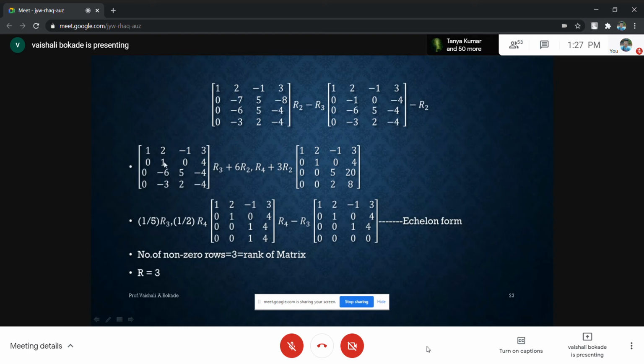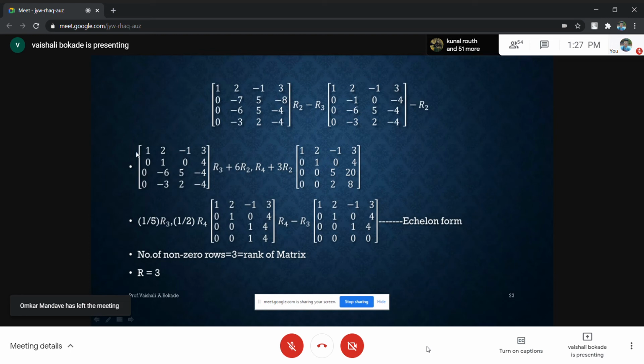Now what I have to do is make the other two entries in column C2 below this 2 place 0. The element at the 3 place and the element at the 4 place, I have to convert to 0. By using R2, I'll go for that. I have to use only R2 for converting this entry minus 6 and this entry minus 3 to 0.